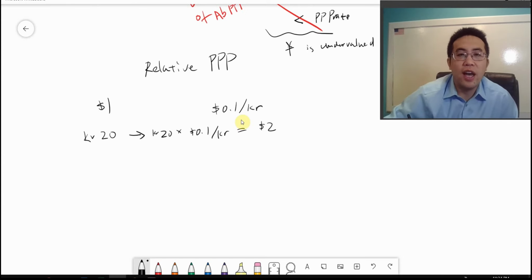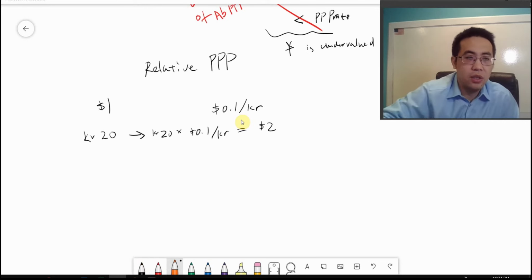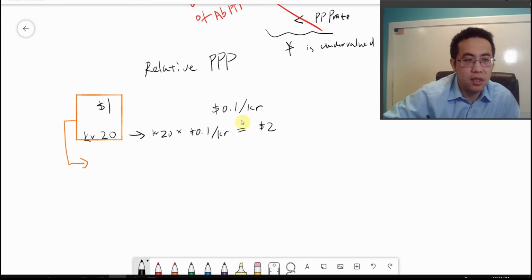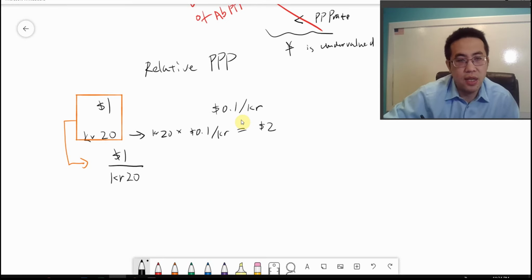So how much is the overvaluation of the Norwegian krone? You need to calculate the PPP rate. So based on these two prices, okay, then we will see that $1 is equivalent to 20 krone when we use the burger as the intermediate commodity.